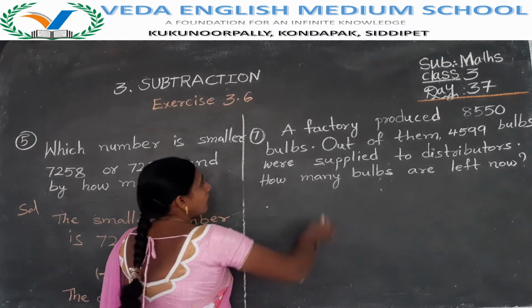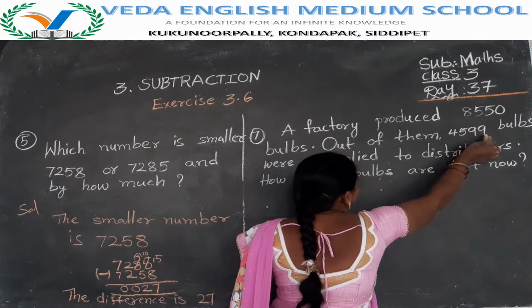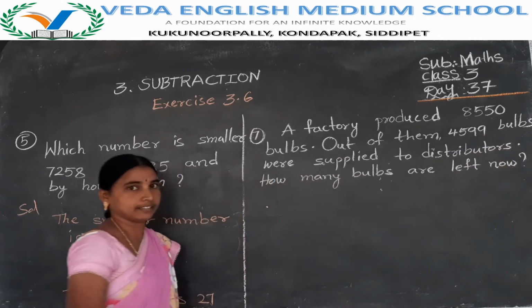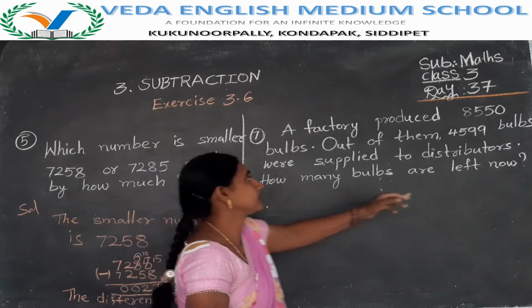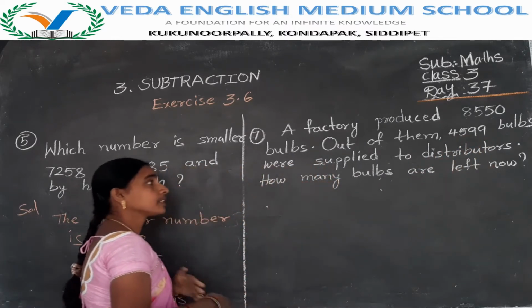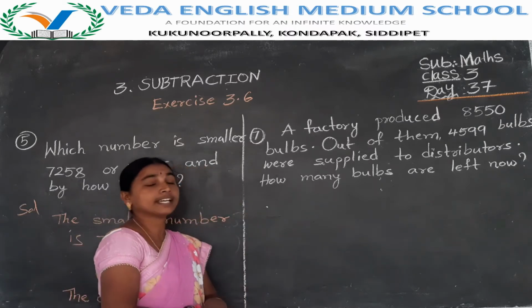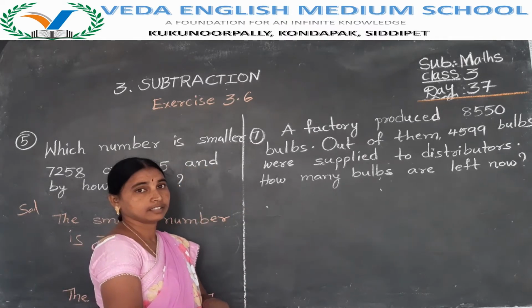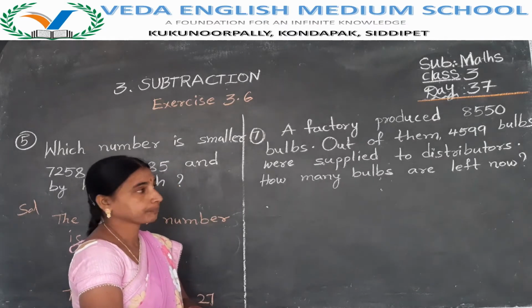Out of them 4,599 bulbs were supplied to distributors. How many bulbs remain in the factory?